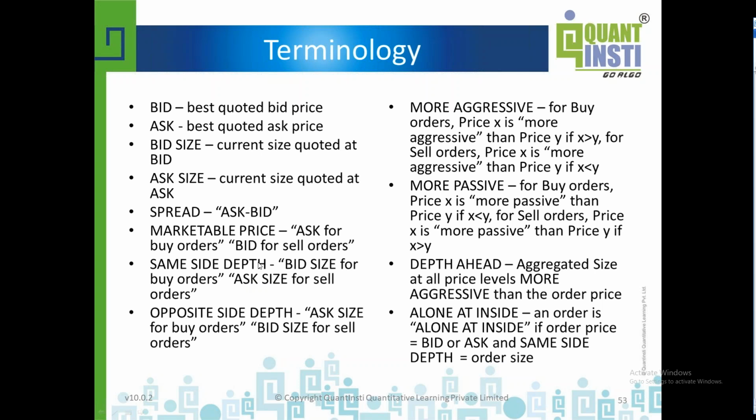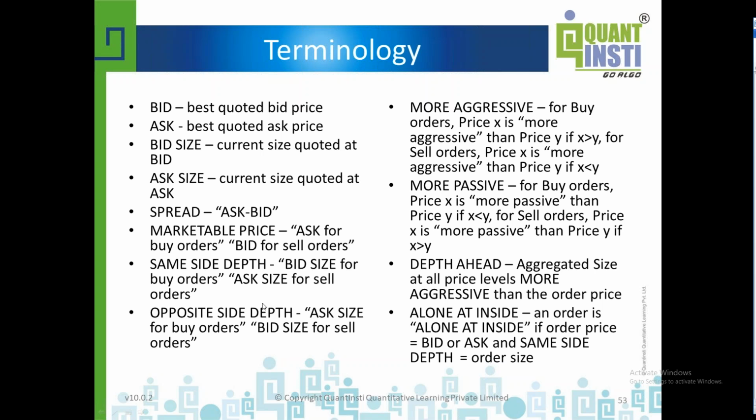Usually this is for the best level. Opposite side is the ask size for buy orders. So if I'm sending a buy order and somebody asks me what the opposite side depth is, at level 1 it is the sum of all the quantities at the best ask.